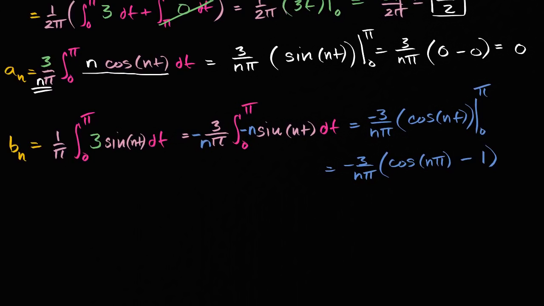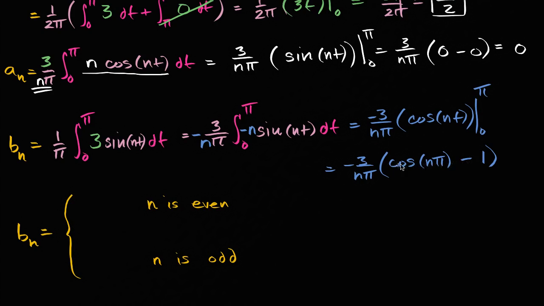So b sub n is equal to, let's write those two cases. So if n is even, and another one if n is odd. So if n is even, you're going to have negative 3 over n pi times, actually let me just do it over here so we have the space.